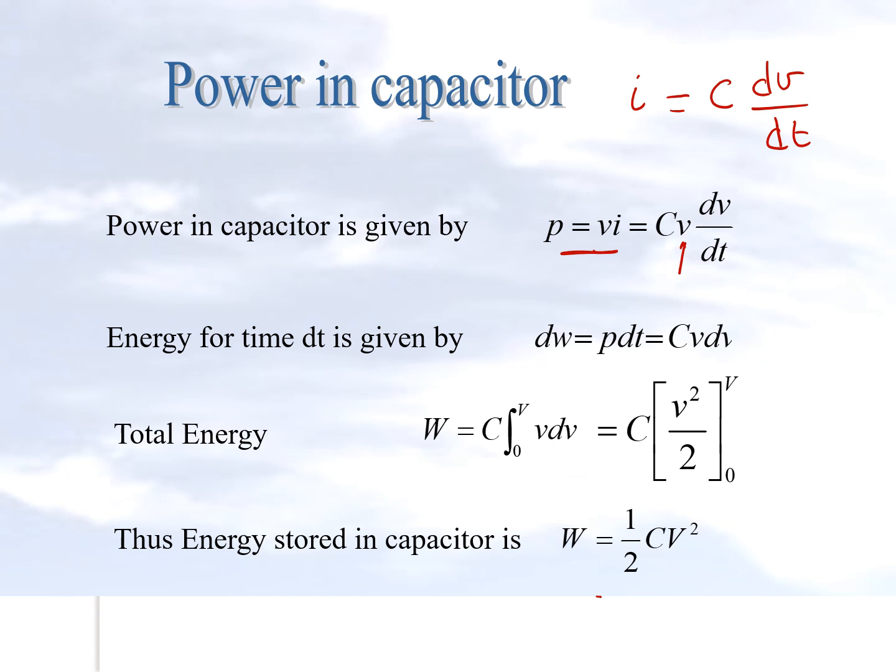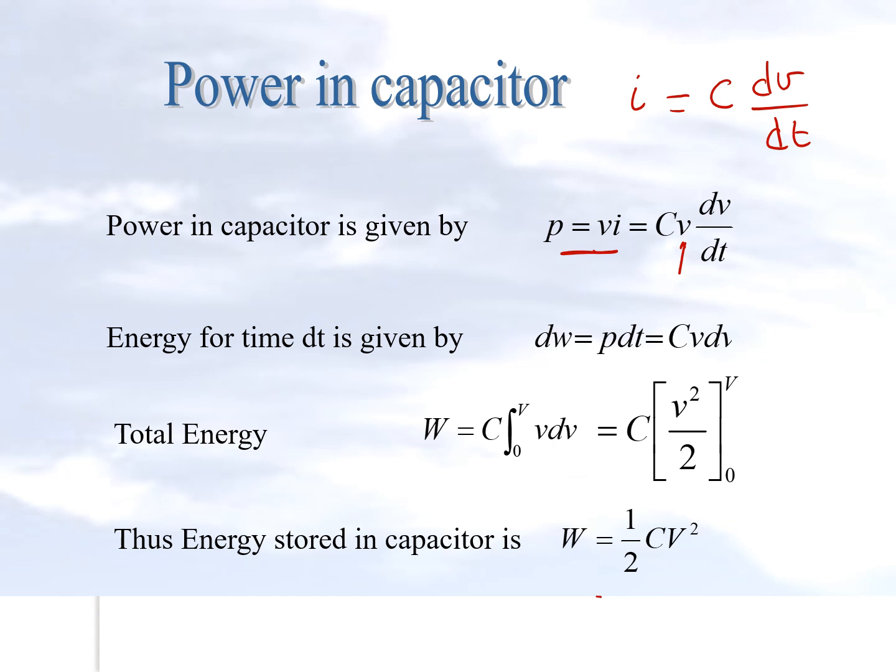Now I mentioned that by accumulation of the charge, you are actually accumulating energy there. And if you disconnected the battery from the capacitor, it would still hold the charge. So what is the energy stored in that capacitor?